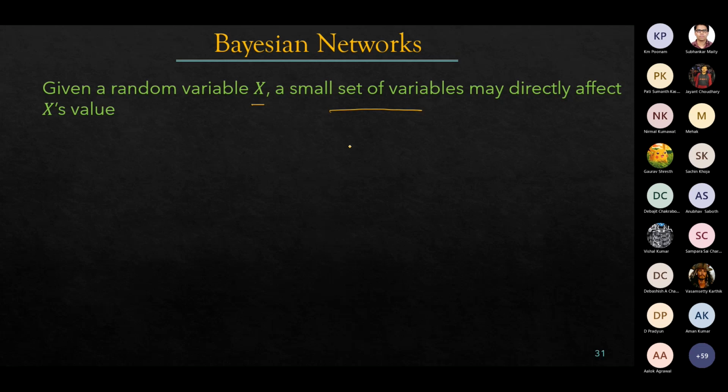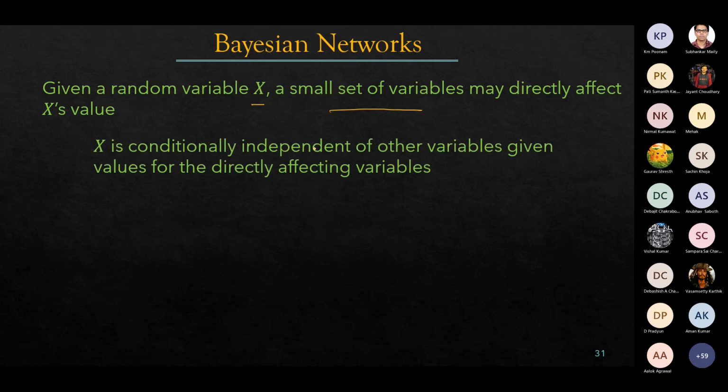But it may not depend on whether someone is taking a printout or writing code, right? So these are independent of the random variable that there is a fire in the building, right? The direct consequence, or another way of saying this, is that x is conditionally independent of other variables given the value of the directly affecting variables, right?